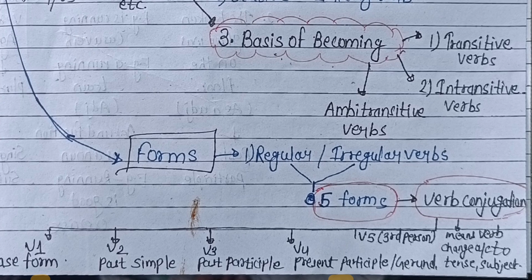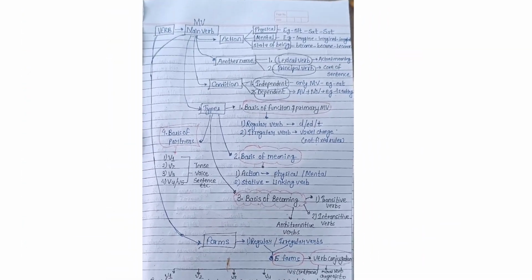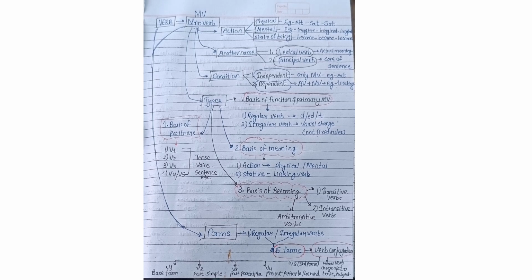Now we will do the exercise. Let us once again see this picture as a whole. Maybe this image is not clear, but let us see. This verb has another son whose name is main verb, and main verb means action, and action is of three types.